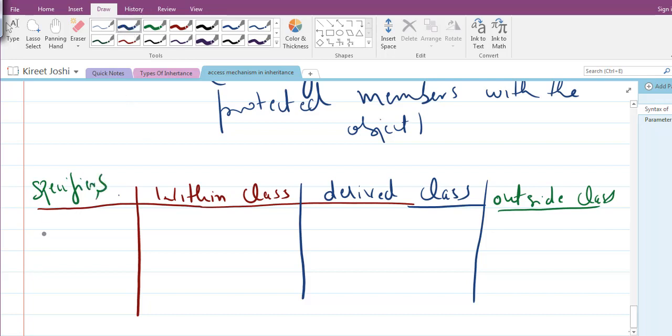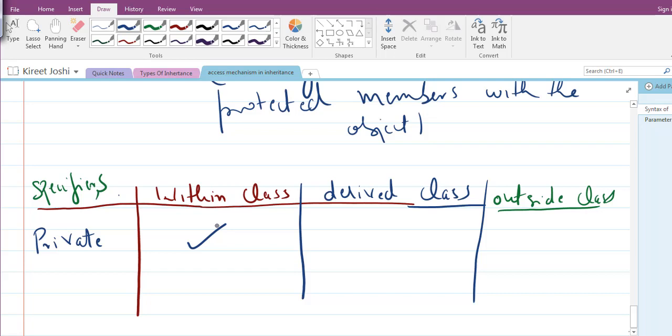If I take the example of the private specifier, then the private specifier can be accessed only within the class.